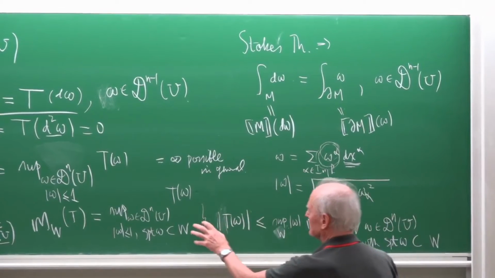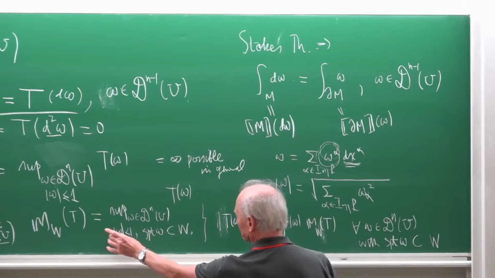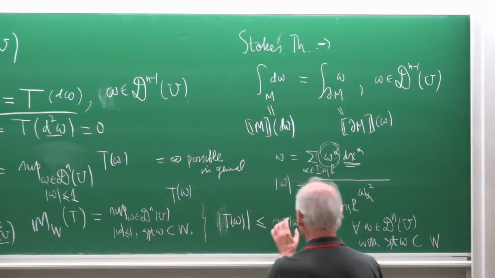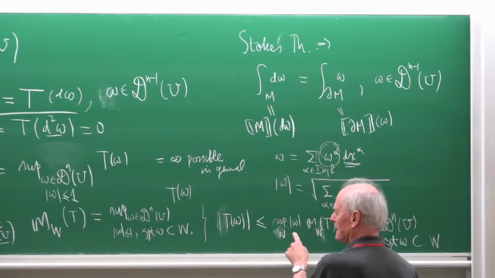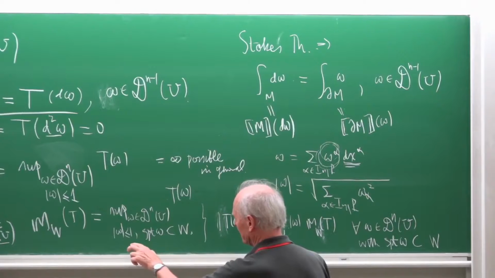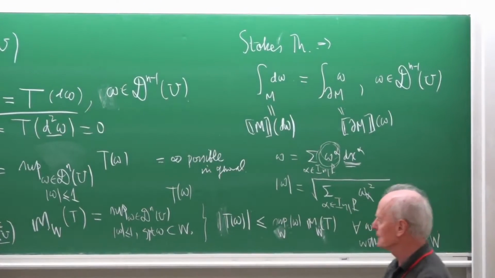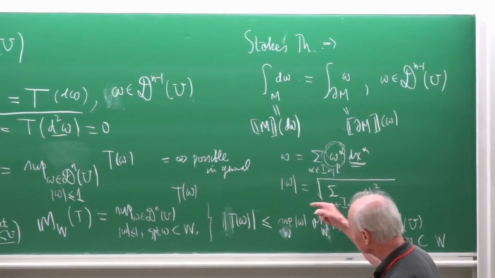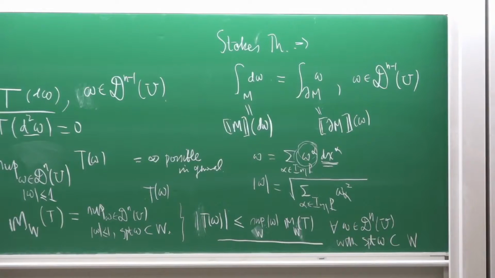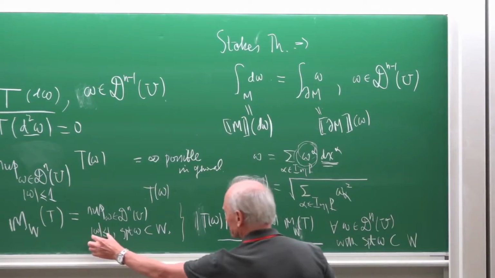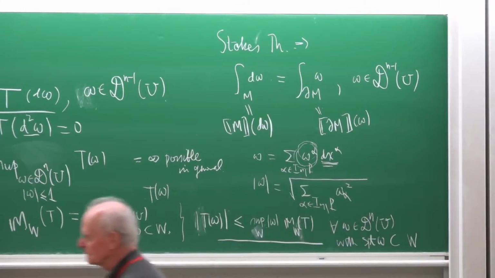By linearity, omega can be written as sup(omega) times omega divided by sup(omega), and omega divided by sup(omega) has length less than or equal to 1. So the definition of mass applies to that, and you just get this factor sup(omega) coming out. So that's general now, without any restriction on the length of omega. This is always true, so we can use it here.